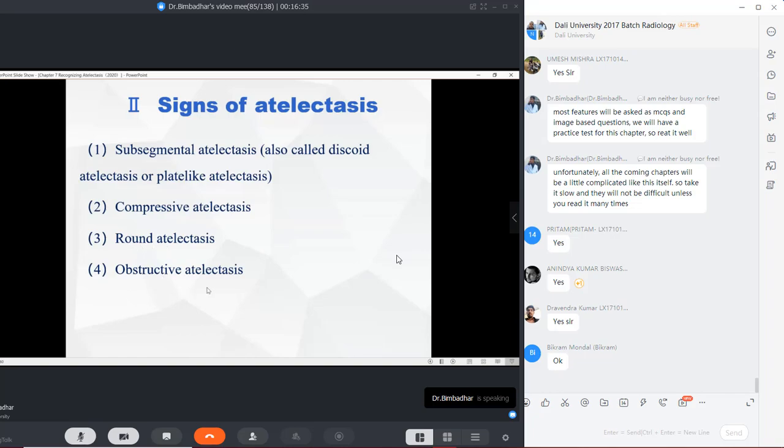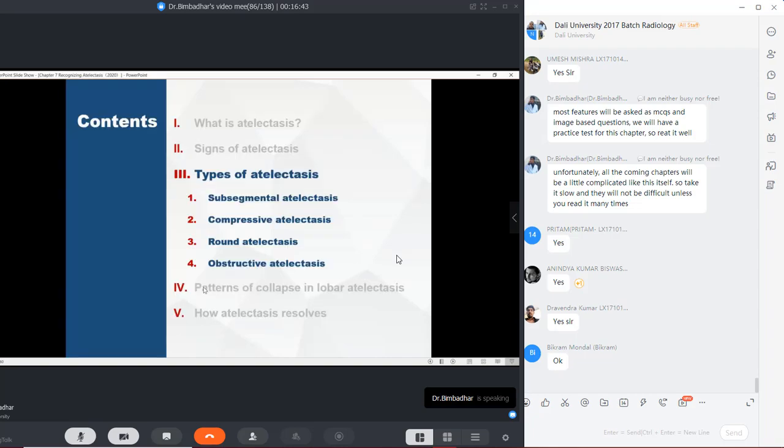We'll try to observe what exactly each of these is. So these are the types of atelectasis. You can get them as a 2 marks question: what are the types of atelectasis?